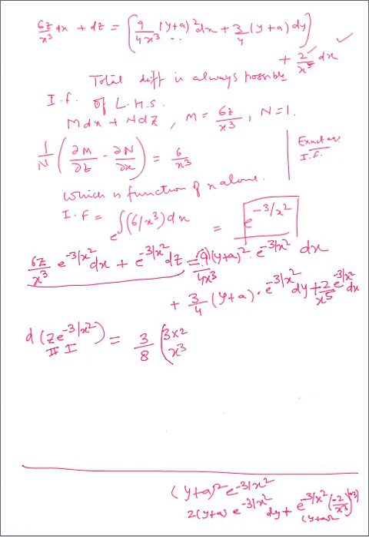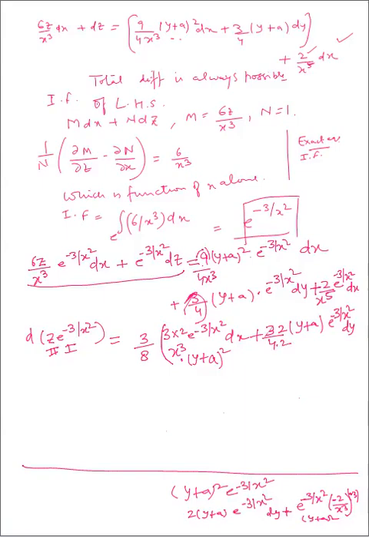into e to the power minus 3 upon x square into y plus a whole square dx plus we have 2y plus a, so 2y plus a into e to the power minus 3 upon x square dy, and here we have 3 upon 4, so we took 2 here, and because we multiplied here also, so 3 upon 4 into 2.